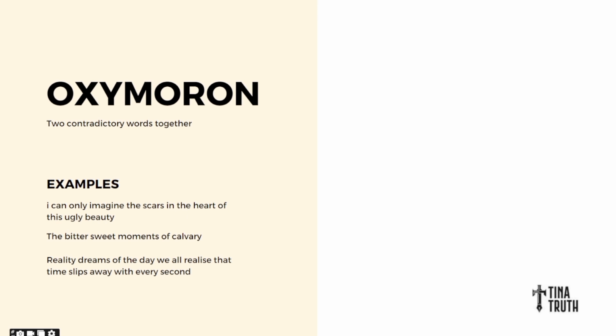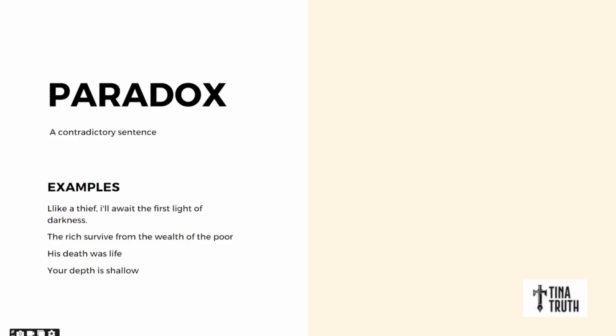That is a contradictory statement. How can reality dream of the day we all realize that time slips away with every second? So oxymoron is basically placing two contradictory words, not statements, two contradictory words together.